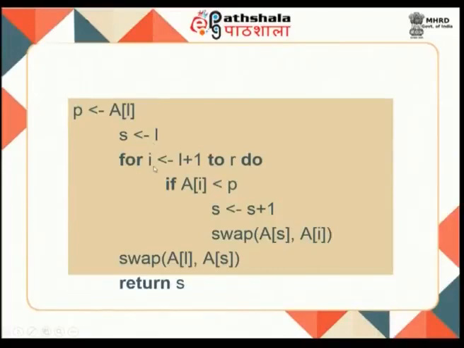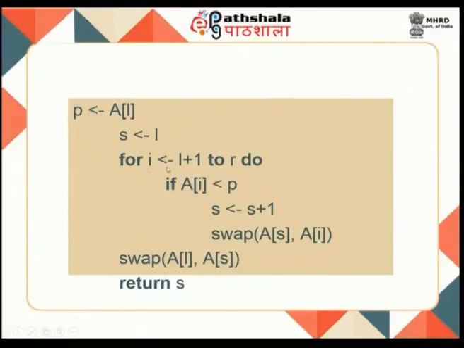I is a pointer that starts from L plus 1 to R, and as you have seen in the numerical problem, we are checking whether A of I is lesser than P. If that is the case, I am incrementing S and swapping A of S with A of I, and if not, this process goes on.